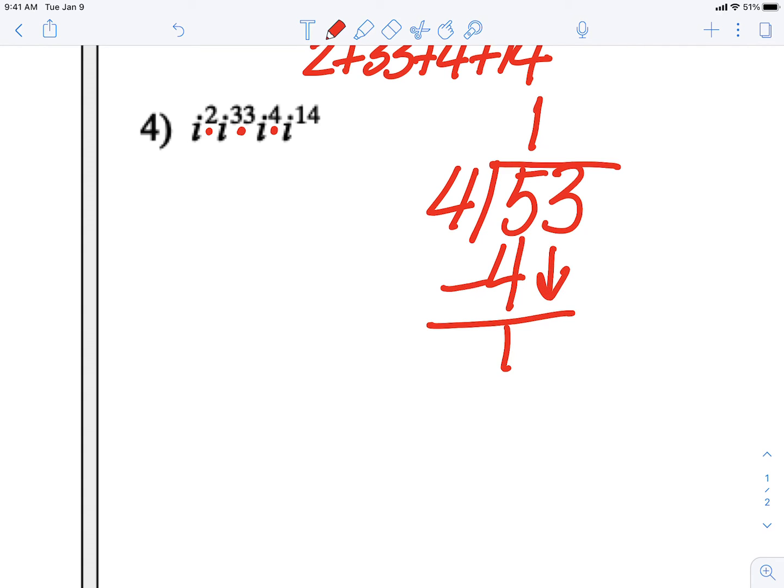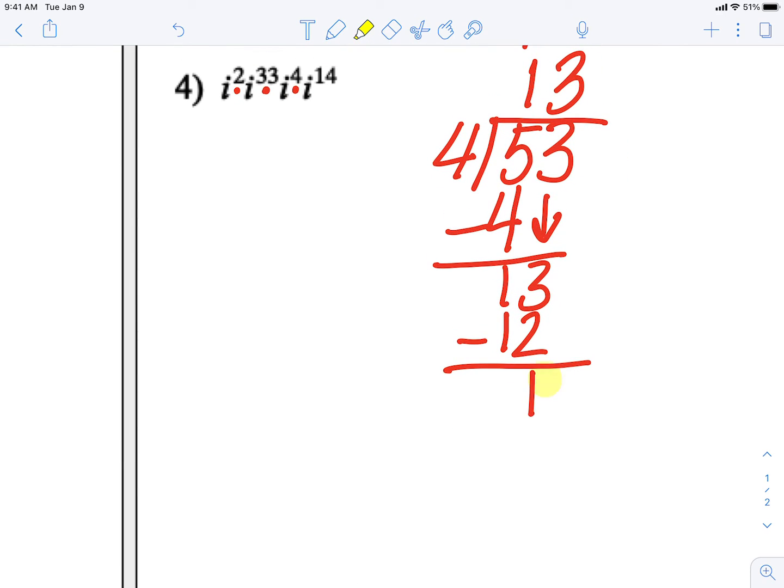Bring down my 3. How many times does 4 go into 13 without going over? And that's 3. 3 times 4 is 12. 13 minus 12 is 1.